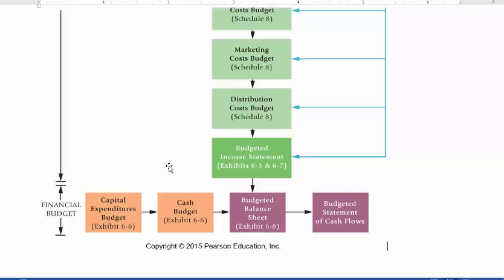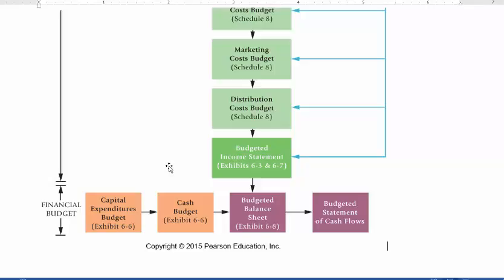And we will also calculate if we plan to sell off any property, plant, and equipment, because we would get cash proceeds from those items, and other types of things that we may have some cash inflows from. On our outflows or our disbursements, we're going to calculate well in advance for all of those direct materials that we purchase up in our direct materials budget.